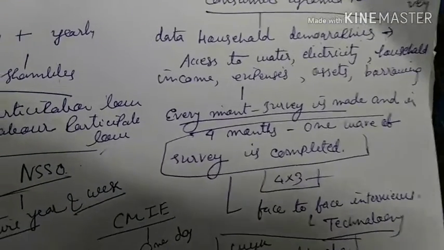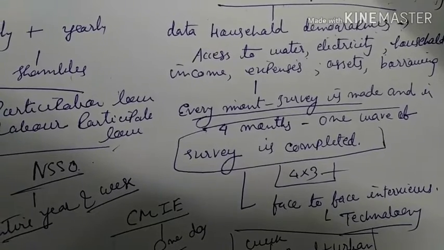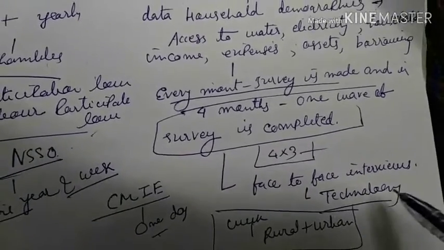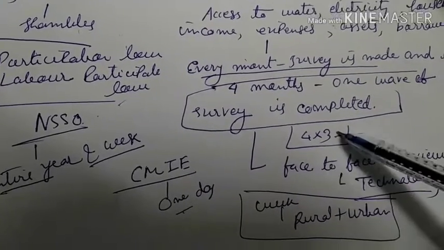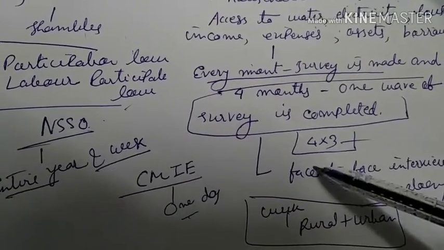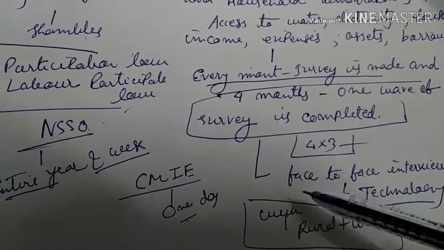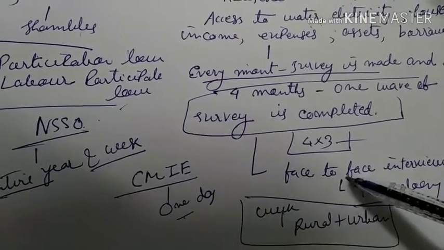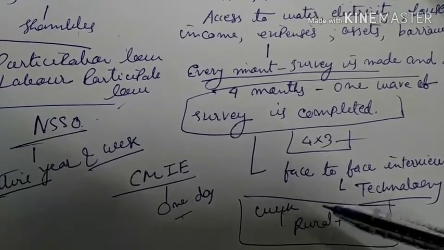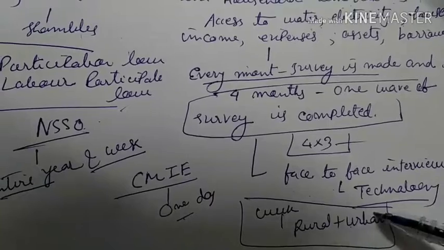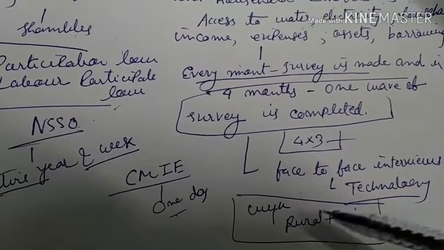And the most efficient way of collecting and surveying this data is that they collect the sample each week, and in each week their surveying areas are divided based on rural and urban. Means each week they go to rural and urban areas as per their schedule, and they collect and survey the data.